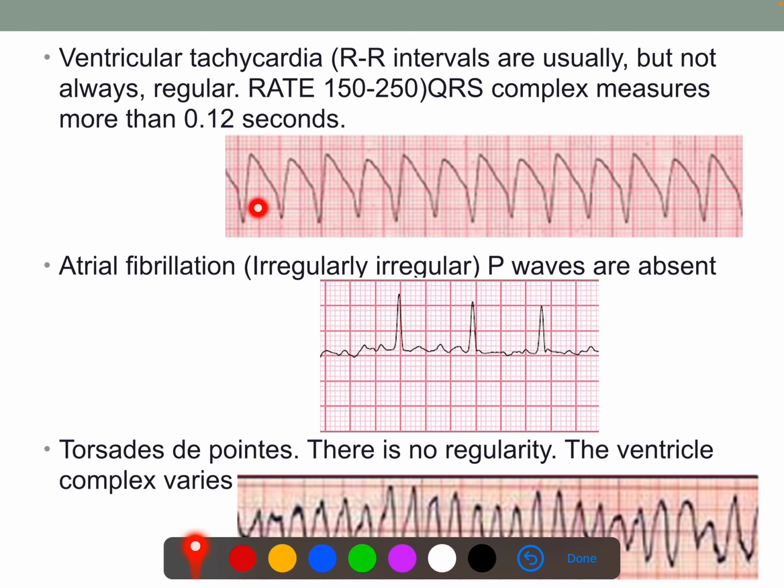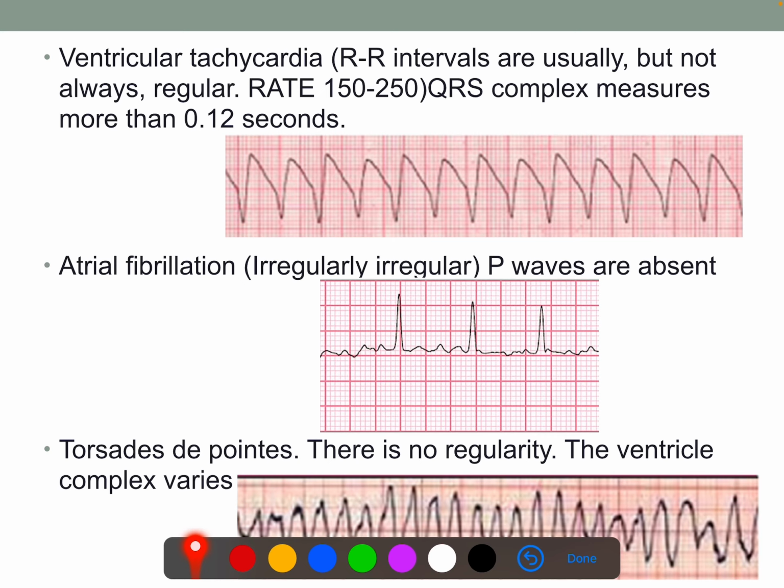It is regular, and the rate will be around 150 to 250. QRS is more than 0.12 seconds. It is a regular pattern, so you can easily remember. And atrial fibrillation: the atria only are fibrillating. P waves are absent.